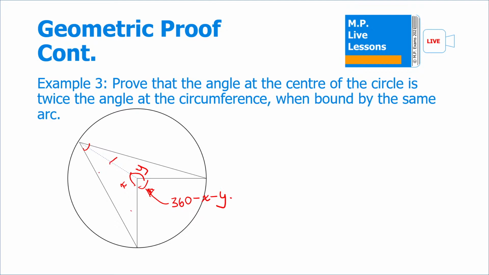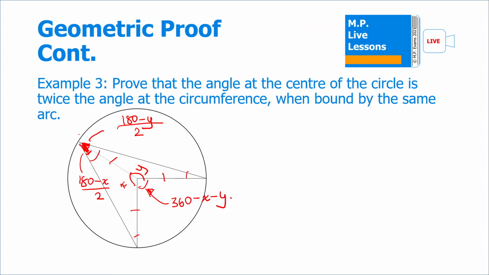Now, since we've got isosceles triangles again, this tiny angle here is going to be 180 minus y, divided by 2. The other angle here that I'm going to draw extended slightly is going to be 180 minus x over 2, since they're equal to the angles here.